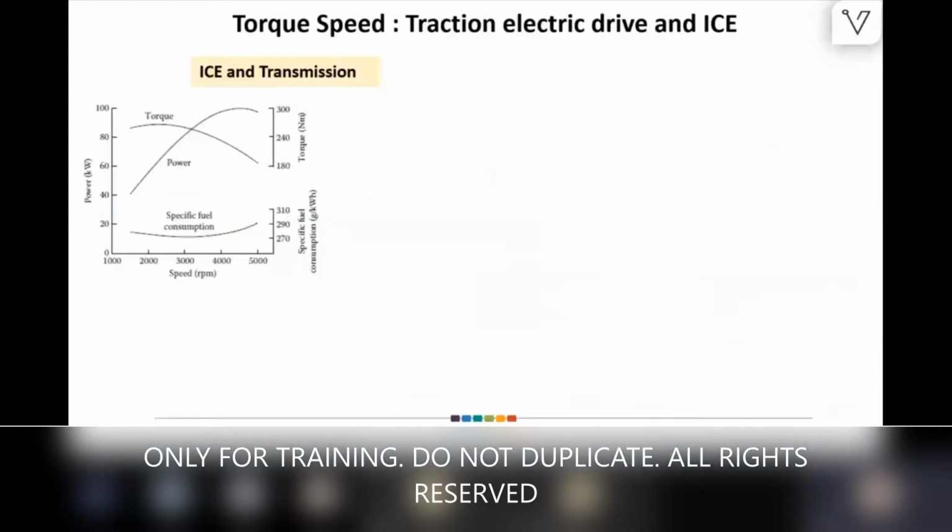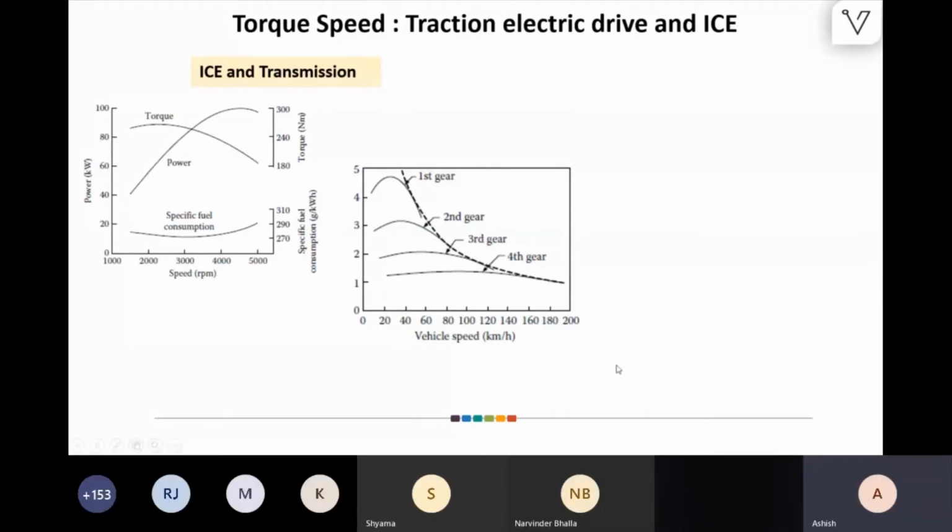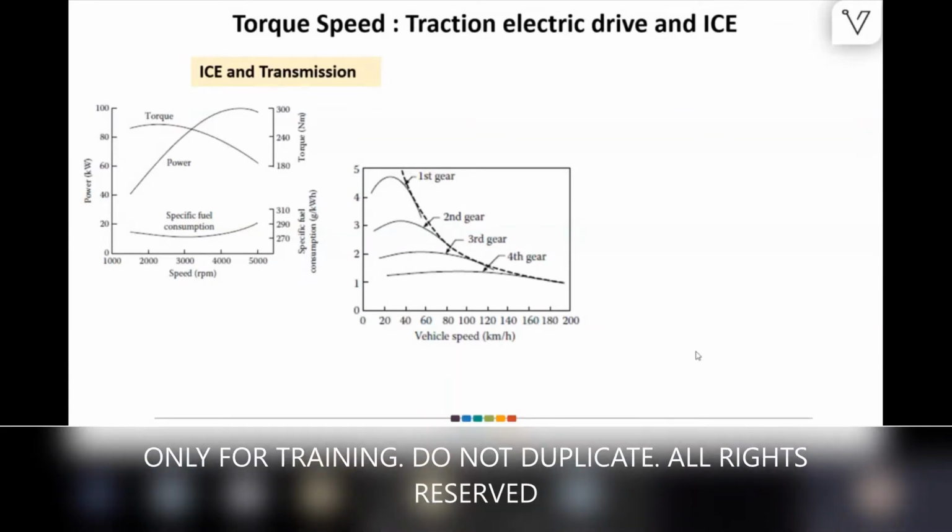At a very high level, before we come to the vehicle performance requirements, we will see why the electric machine or electric drive is a natural choice. If you look at ICE and gears, the transmission, what we want from that as a vehicle is this kind of torque speed curve, and that is what the vehicle demands.